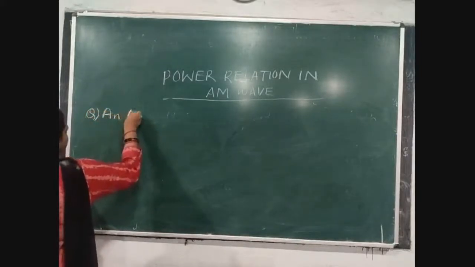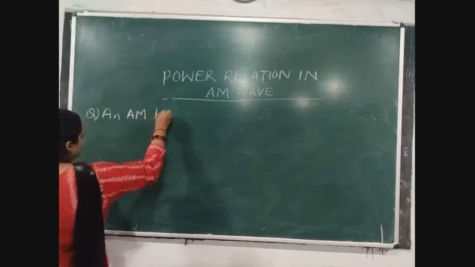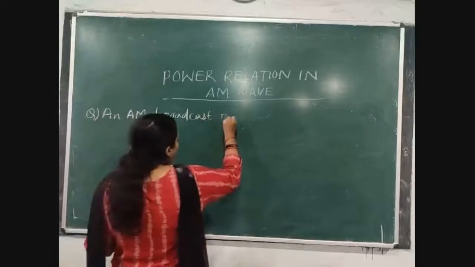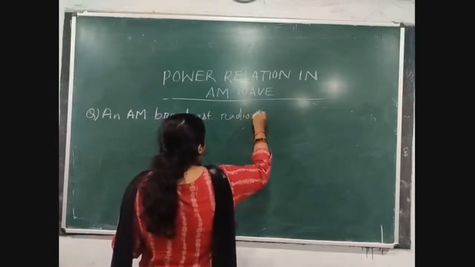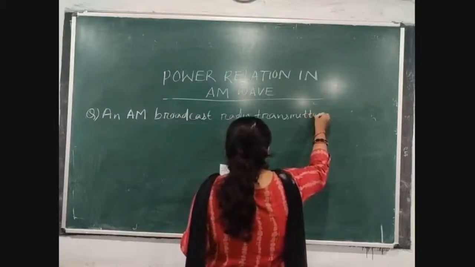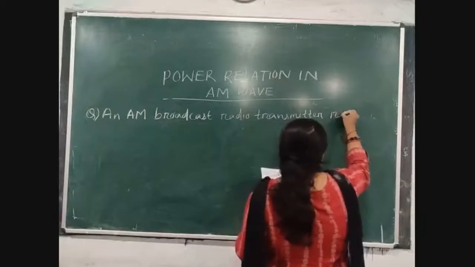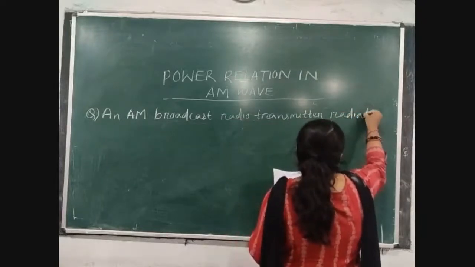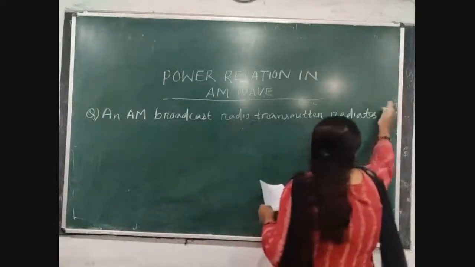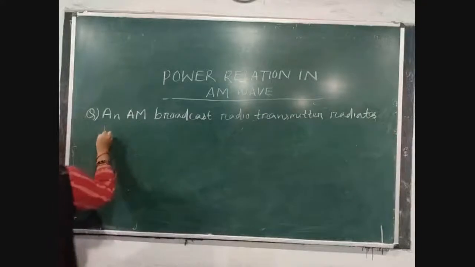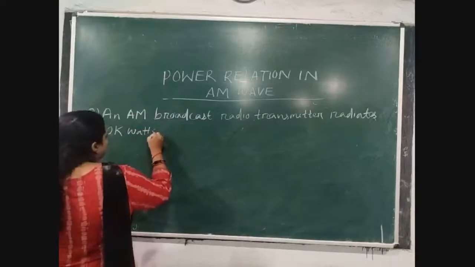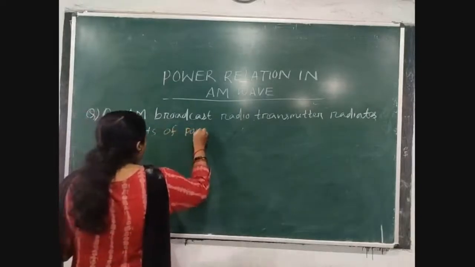An AM broadcast radio transmitter radiates 10K watt of power.